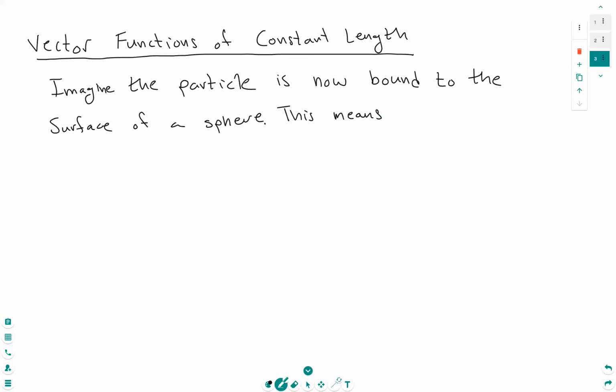This means that the magnitude of our position vector, where the center of the sphere is at the origin, is some constant. It doesn't necessarily need to be a sphere, but it's a good visualization. I have some position vector whose magnitude is always a constant.